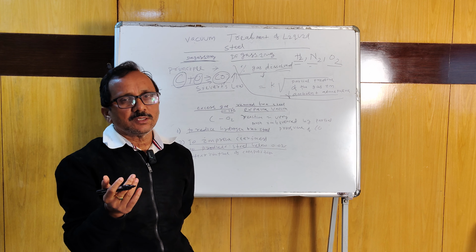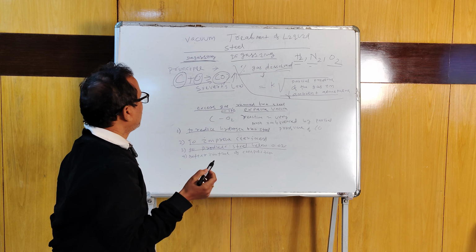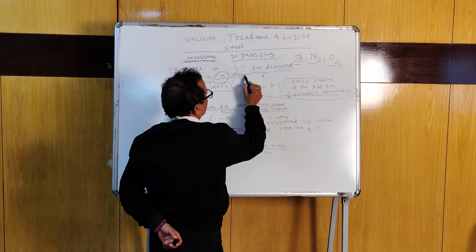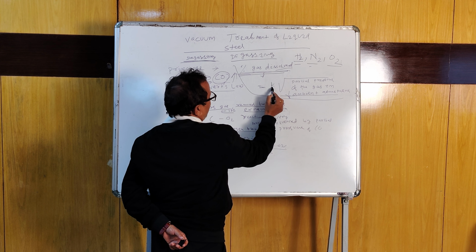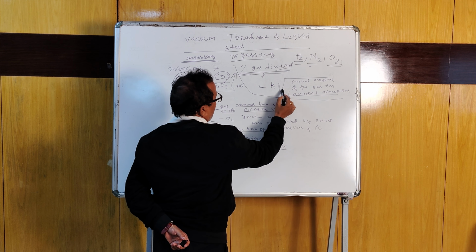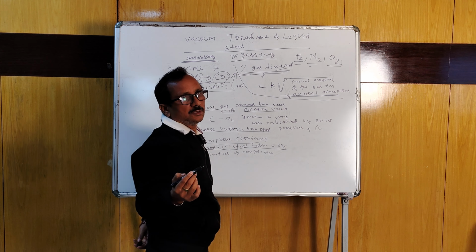Degassing, or removal of the gases, is based on a principle: the percentage of gas dissolved is equal to K times the square root of the partial pressure of the gas in the ambient atmosphere.